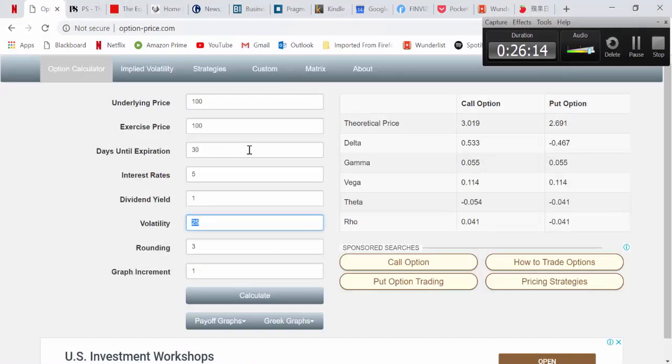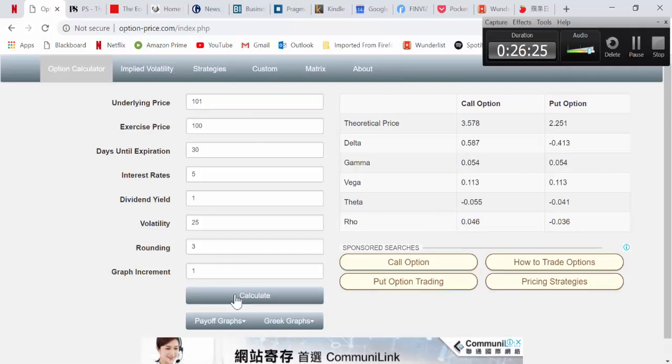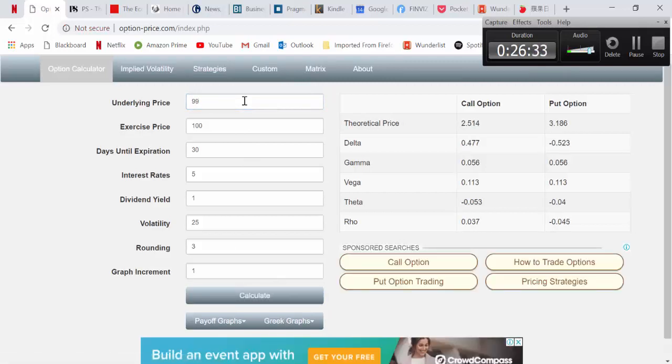So the delta now is 0.533. If you go from 100 to 101, the delta will change to 0.58 or 0.59. And likewise, if you go from 100 to 99, your delta will change noticeably, okay?